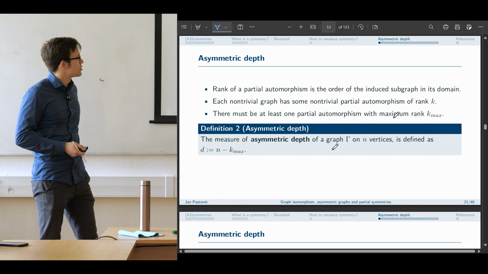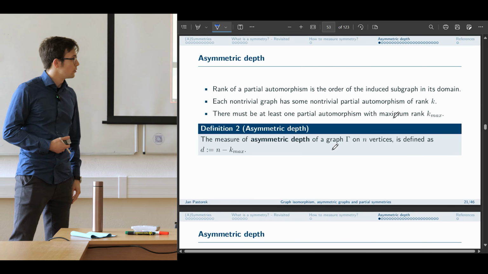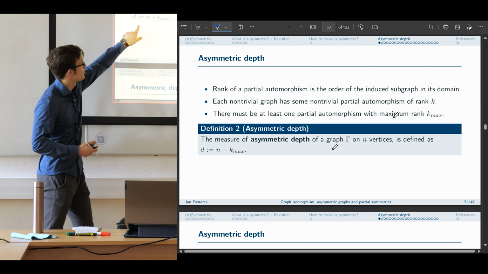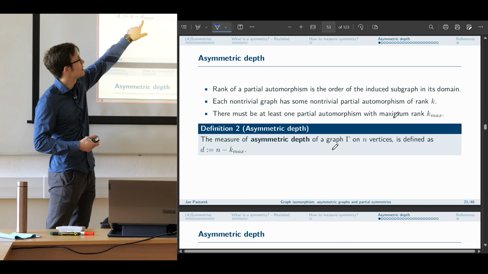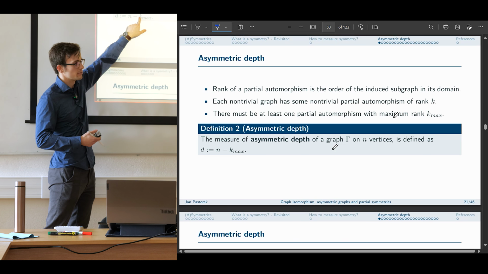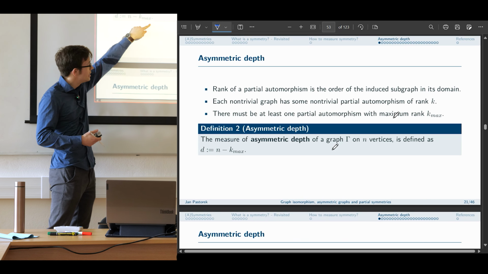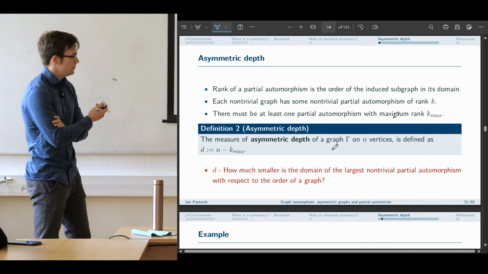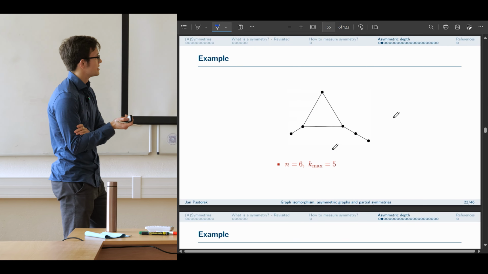And so we define the measure of asymmetric depth of a graph on n vertices as this d. So this is the order of the graph minus the rank of the largest partial automorphism. All right, so example.